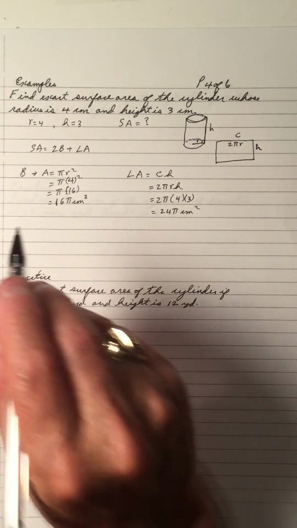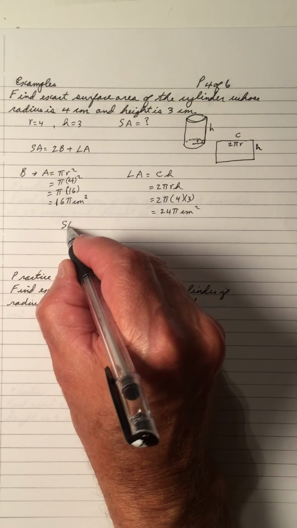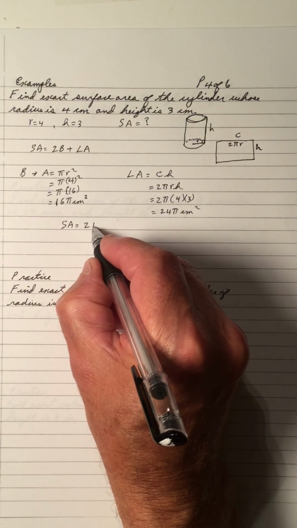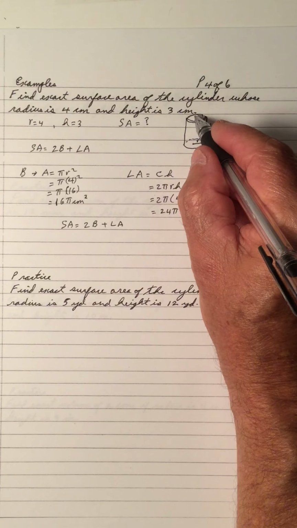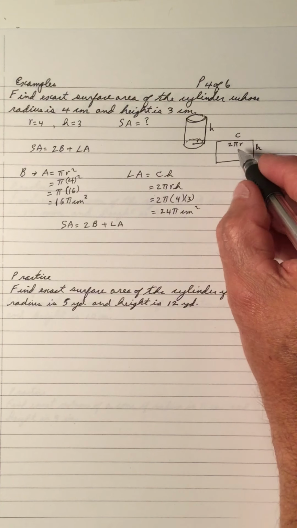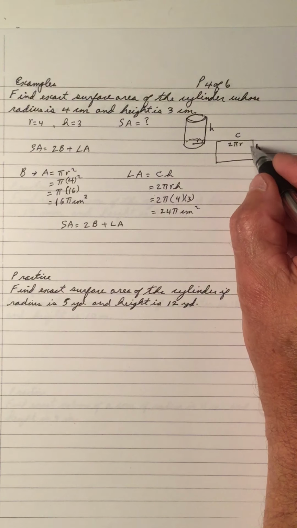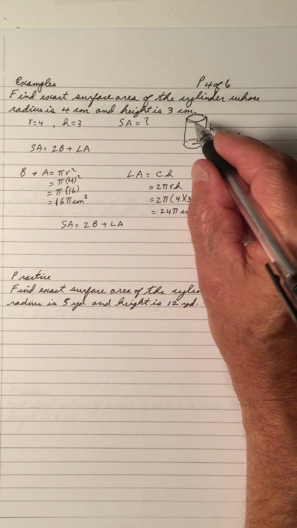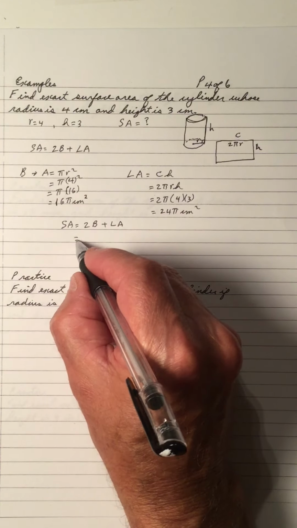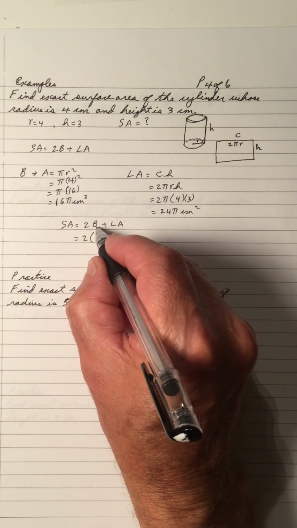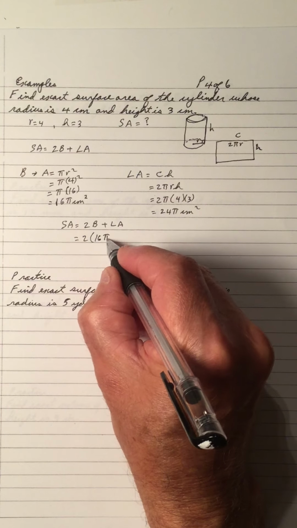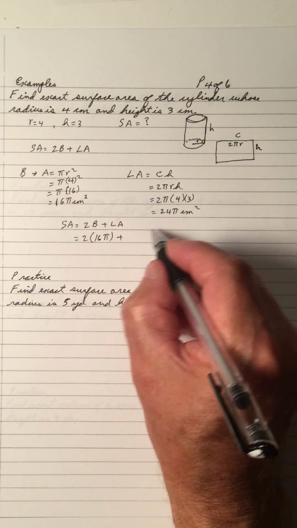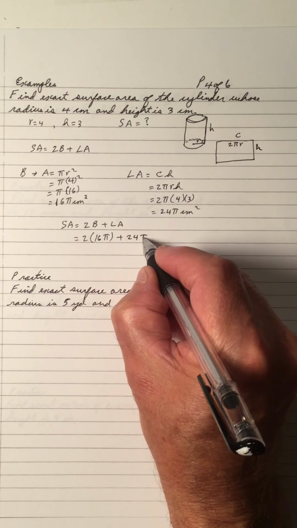So we have a surface area made up of 2 base areas plus a lateral area. Notice we have a circle on the top, a circle on the bottom, plus the area of this lateral face. One circle is 16 pi, so there are two of them, plus your lateral, which is 24 pi.